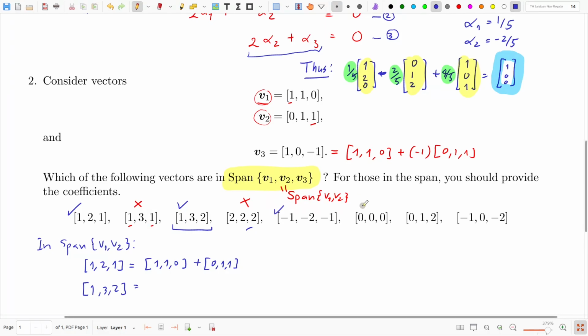This is in the span. This is in the span. This one is not, I think. This one is also not, I don't think so. -2, -2, so it's not. So you need to write down this one, -1, -2, -1, equals something, and also 0, 0, 0.